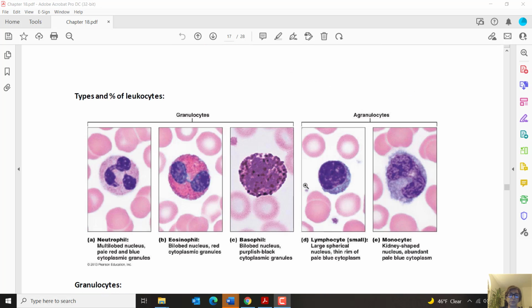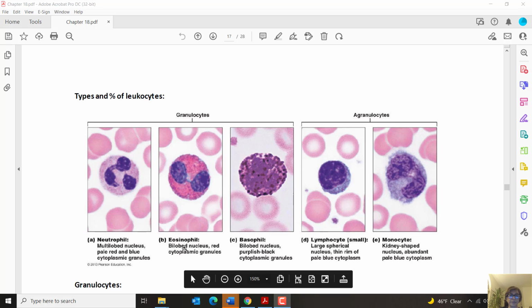I'll be showing you some more slides. For example, here are the 5 different kinds. These are the neutrophils with multi-lobed nucleus. Yes, the granules are purple in color, but it's easier to identify them by that multi-lobed nucleus. It's like a telephone receiver, right? You have 2 big blobs connected by a thin strand, and you can see that the granules are red in color.